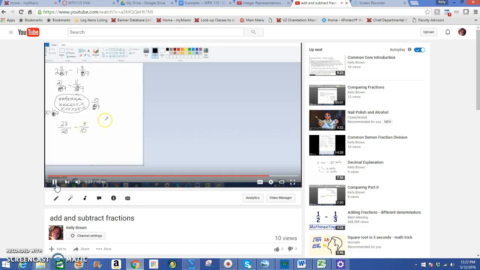So I can do that by taking 3/10, right? And if I multiply by 2/2, I end up with 6 20s, right? So if I have 23 20s, and I'm going to subtract 6 20s, I've got the same size pieces now.